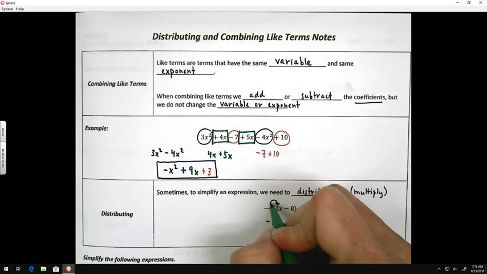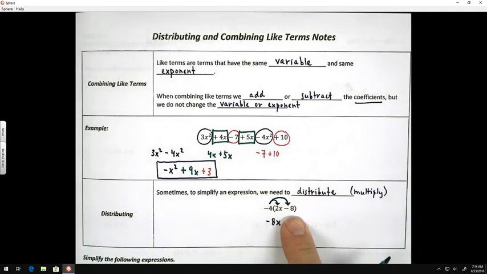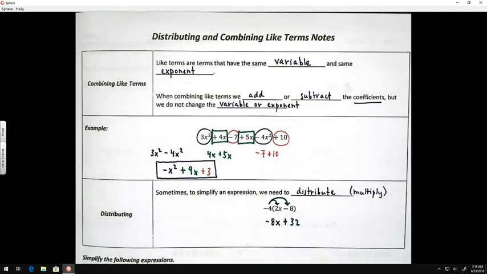The next thing I have to do is a negative 4 times a negative 8. I have to be really careful with my signs here. A negative times a negative gives me a positive 32.